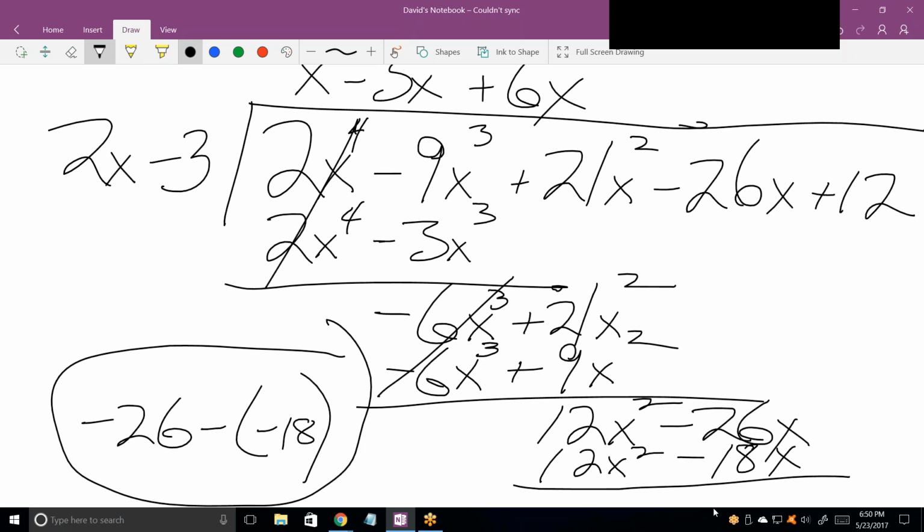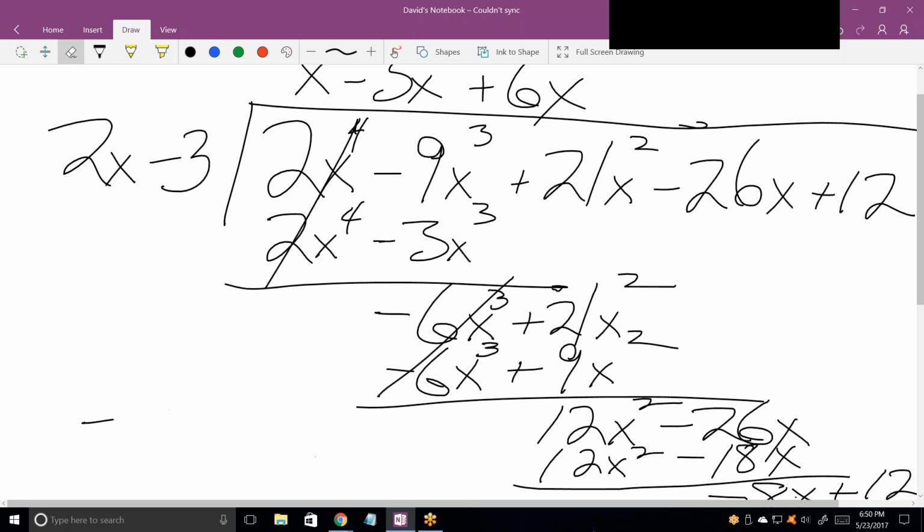What's minus 26 plus 18? Negative 8x. Plus 12. One last division is possible. In other words, we keep doing this until this last term is a lesser degree than our divisor. It's not yet.